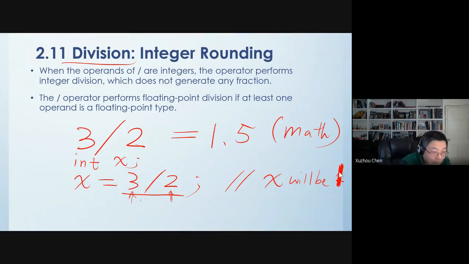Now, how to avoid this kind of situation? I really want to get the correct answer, not 1. No, 1 is not correct, right? So we sometimes call this division floor division. That means when you divide the numbers, you get the result, and you get rid of the fractional part, and you just put it down to the floor.